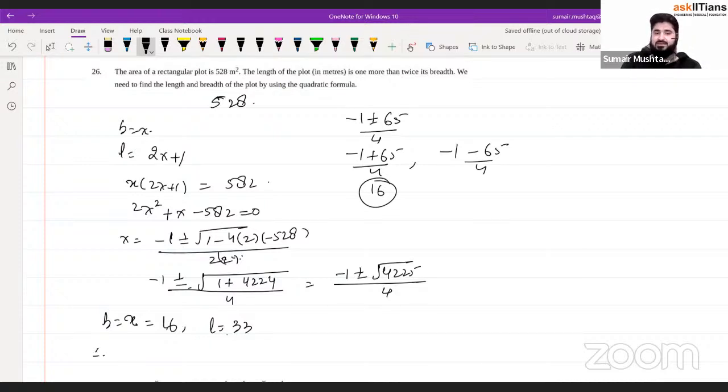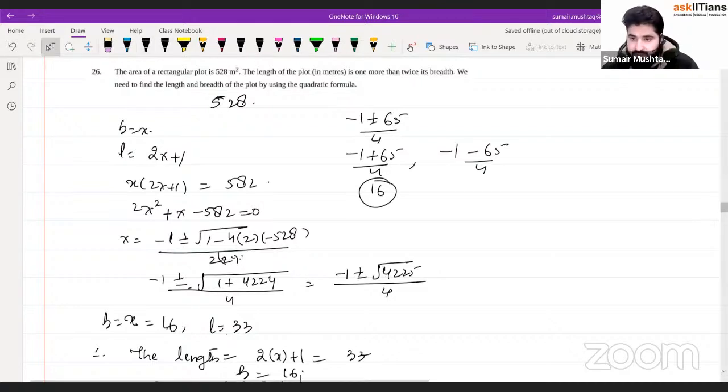So in the end, you write the length is equal to 2x plus 1, that is equal to 33, and breadth is equal to 16, right? Do write this at the end. Is that okay?